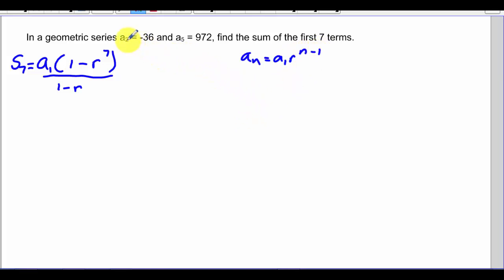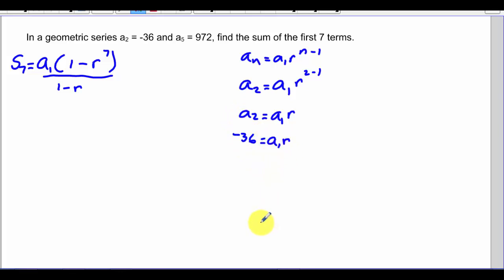And I know I have the second term, so I'll call that a sub 2 is equal to the first term, which we don't know, times the ratio, which we also don't know, but I have the n value now of 2. This gives me the second term equals the first term times r. So I have the second term in this case being negative 36 equals the first term times the ratio.